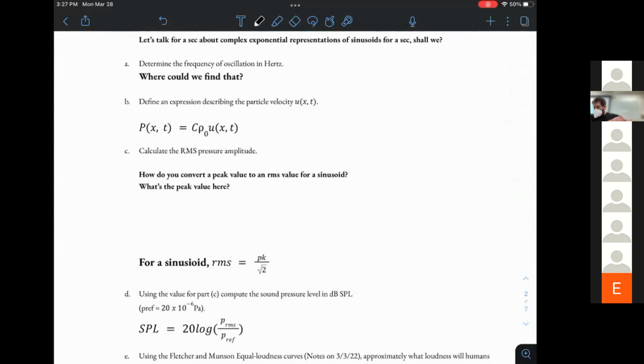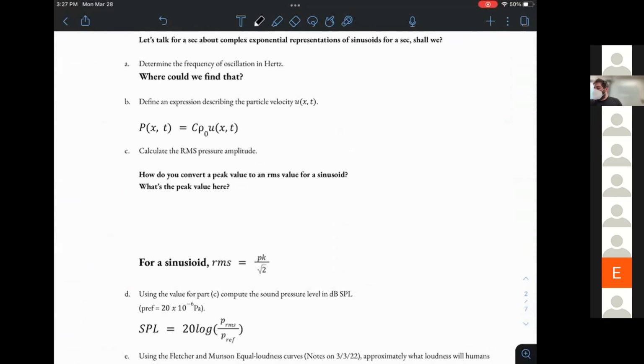Okay, for this part, right? So we talked about that for a sinusoid, if you have a peak value, you want to convert it to RMS, you divide it by √2. And the question was, what exactly do you divide by √2? Is it the whole thing? And the answer is that you divide the peak value by √2 to get the RMS value.